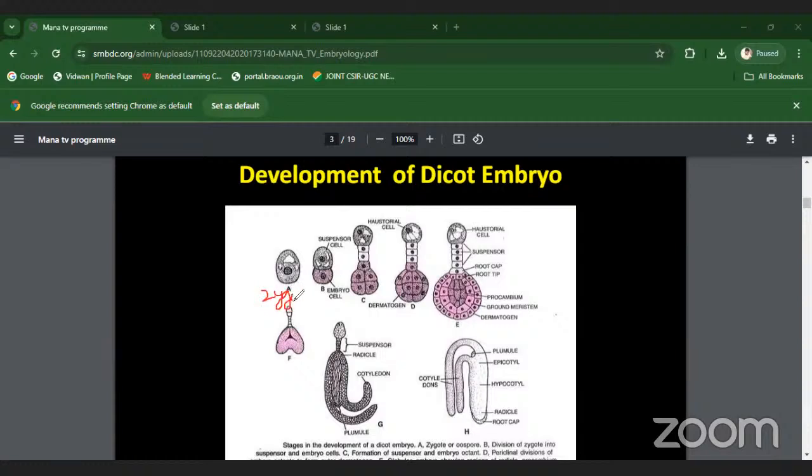In examination also, you just write, for the development of the dicot embryo, only the cruciferous or monograde type. Do not write all types of development.